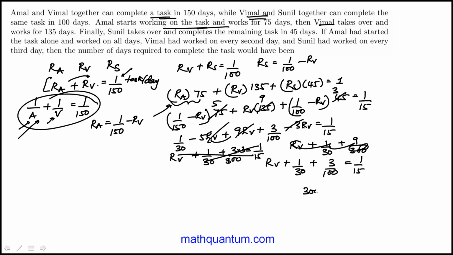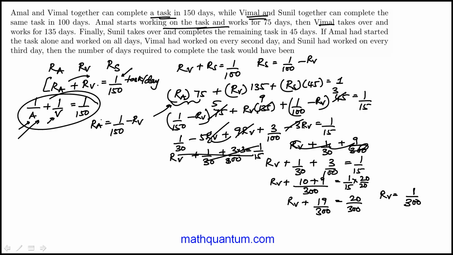So here 300 is the common denominator, equal to 1/15th. And then to match these two, I'm going to multiply the top by 20. So we have 19 over 300. This is 20 over 300. That means this becomes 1 over 300 for Vimal.